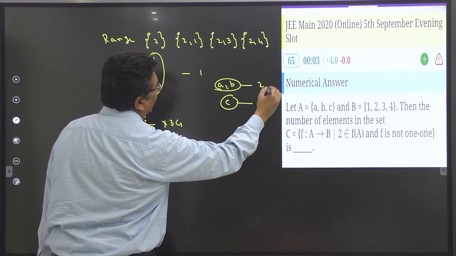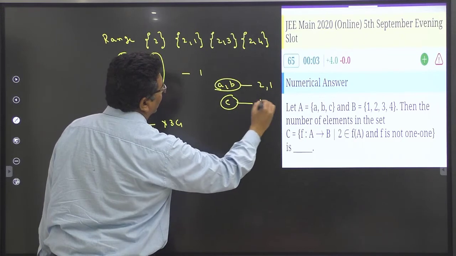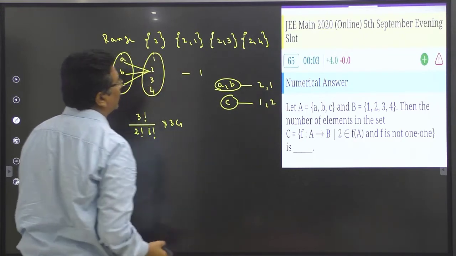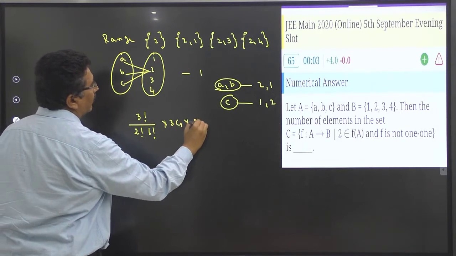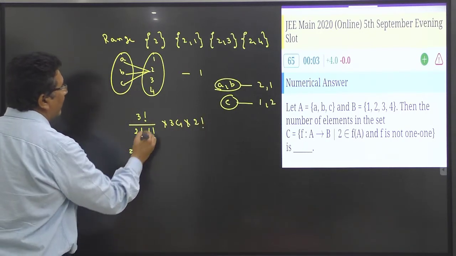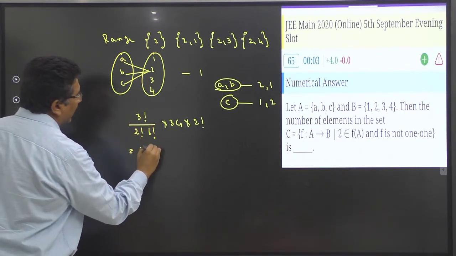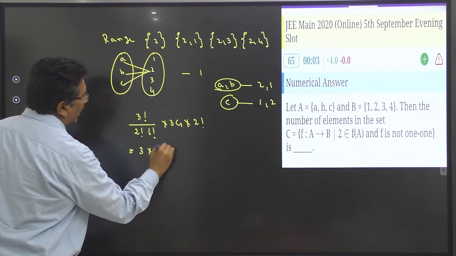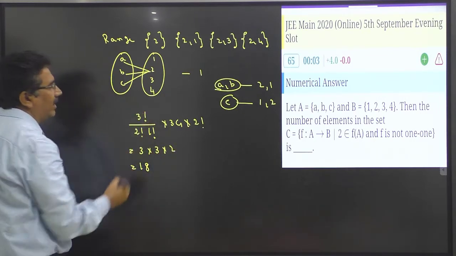Another way is the image of a, b is 1 and the image of c is 2. So this can be done in 2 factorial ways. That is 3 factorial is 6 by 2, that is equal to 3, so 3 into 3 into 2, that is equal to 18.